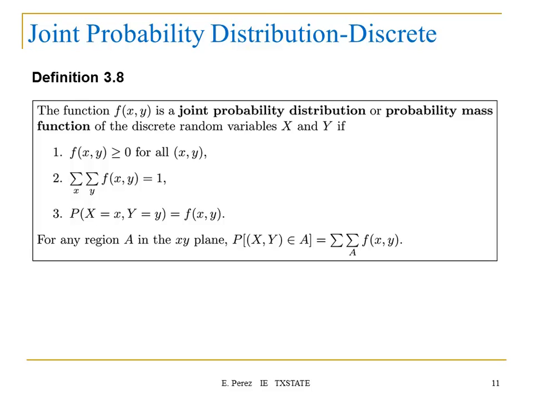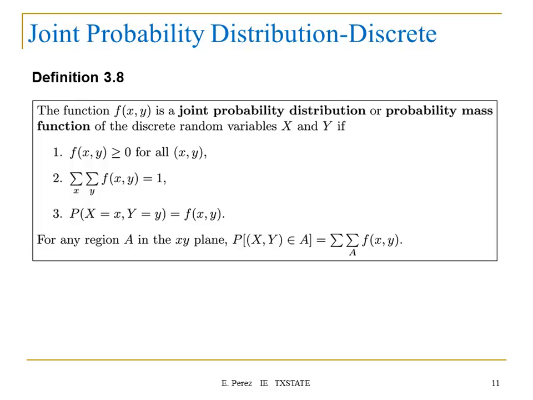So the function evaluated at x and y should always be greater than or equal to 0 for all the values of x and y. The summation of the probabilities for x and y should be equal to 1. And the probability of X equals a value and Y equals another value is the function evaluated at those two values.